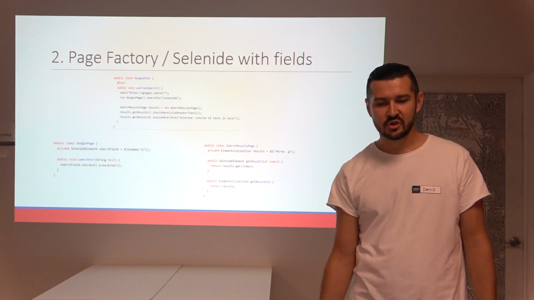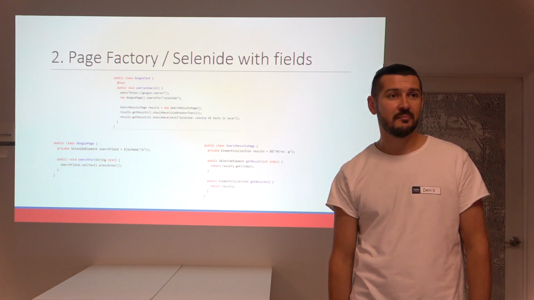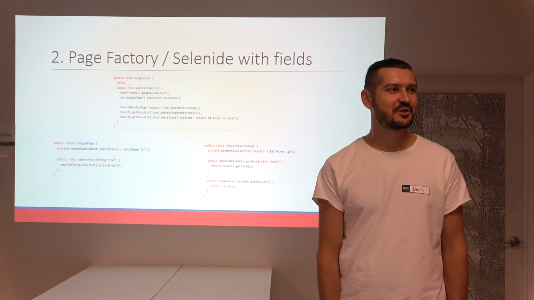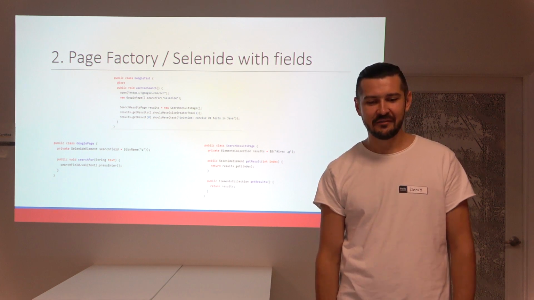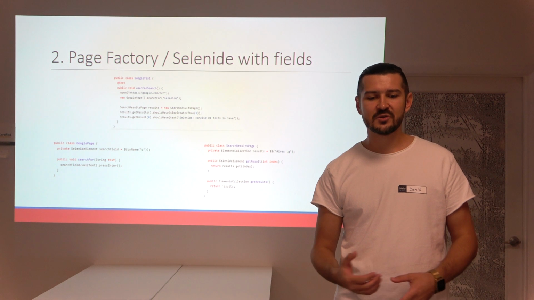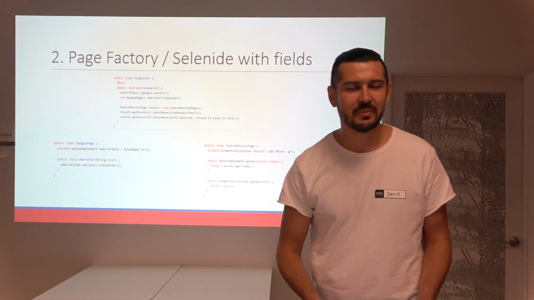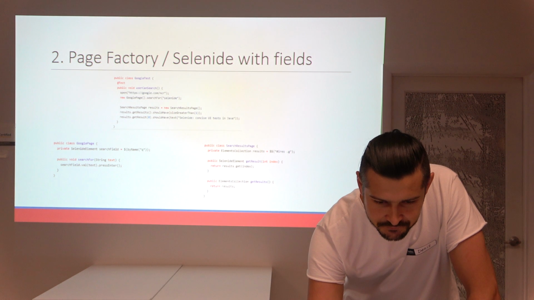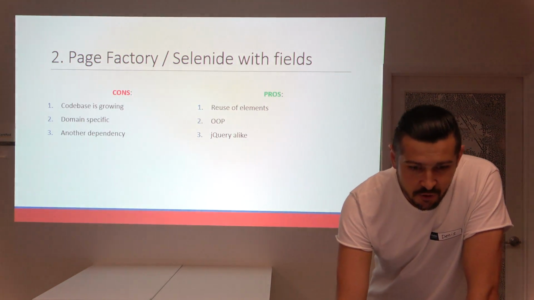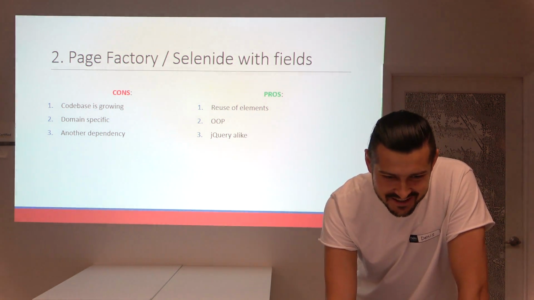Mm-hmm. Yeah. So I would say the idea was pretty good. Implementation, as you mentioned, questionable. I feel like if you want to do it that way, using it with the Selenide would be nicer, maybe. But again, it's my opinion. So the code base is growing because of all of those annotations.